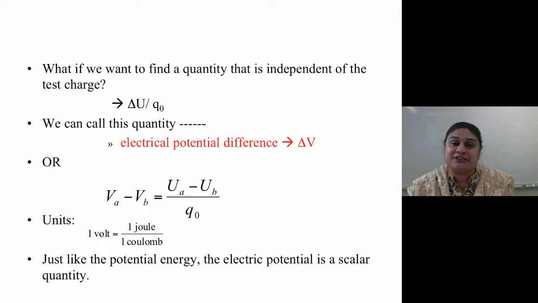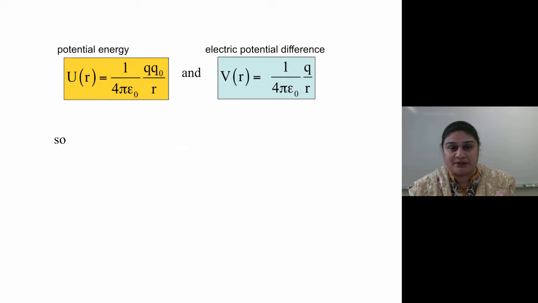Just like potential energy, electrical potential is a scalar quantity. If you compare the two side by side, electrical potential energy is 1 over 4 pi epsilon naught Q naught over R, whereas electrical potential is 1 over 4 pi epsilon naught Q over R. So electrical potential does not depend on the test charge.